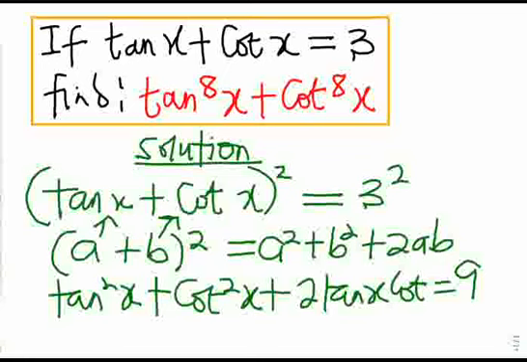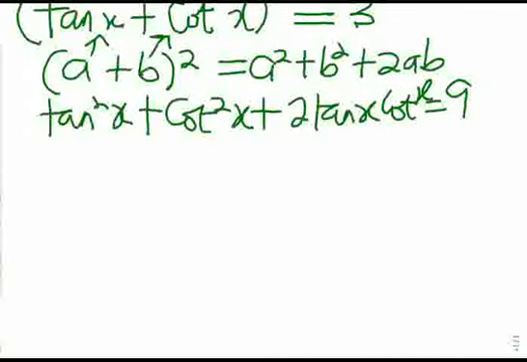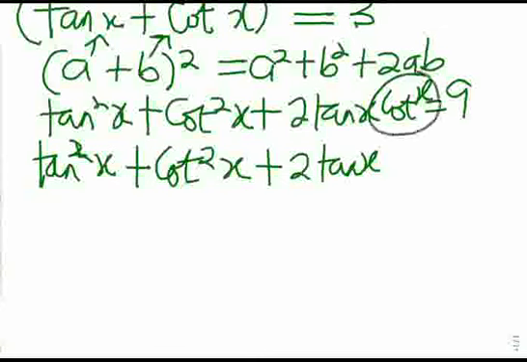So I have been able to square both sides. Now the next thing I'm going to do, I'm bringing down this tan square x plus cot square x. The whole of this here is going to give us 2, because the cot x is the inverse of what? Tan x.